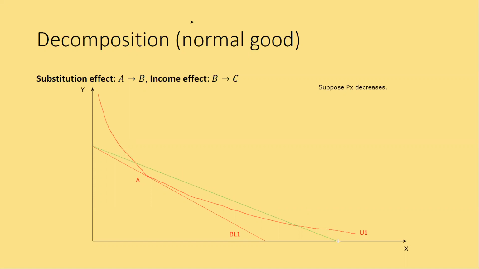And as Px becomes smaller, the person will be able to purchase a higher amount of good X if she spent all her income purchasing good X. So the x-intercept becomes larger. The new budget line looks something like this. So this is our budget line 2.